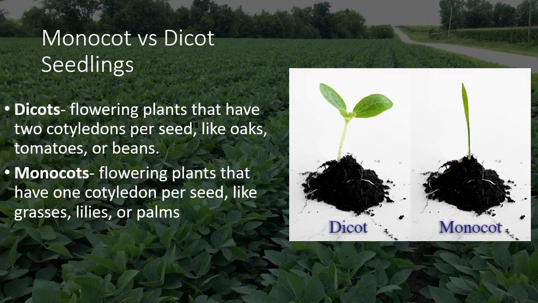There are two main groups within the flowering plants, the monocots and the dicots. The dicots are flowering plants that have two cotyledons per seed. Good examples would be like oaks or tomatoes or beans. And when those species germinate, or if you were to dissect their seeds, you would find two cotyledons.